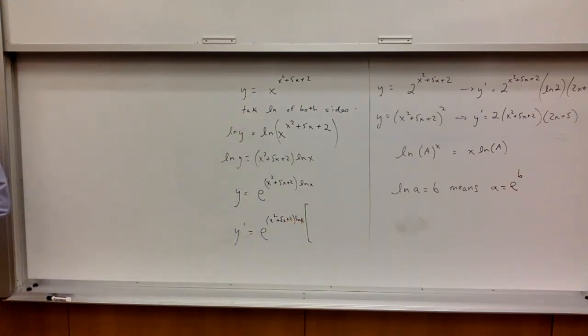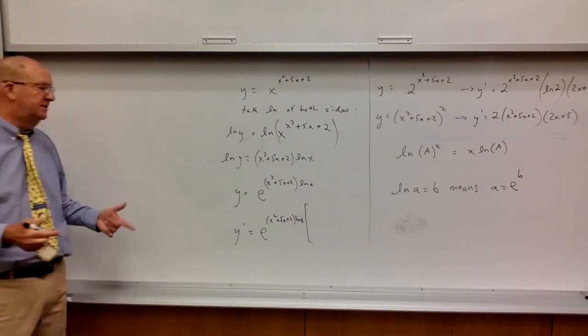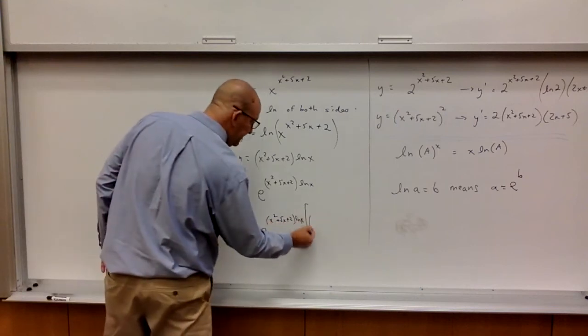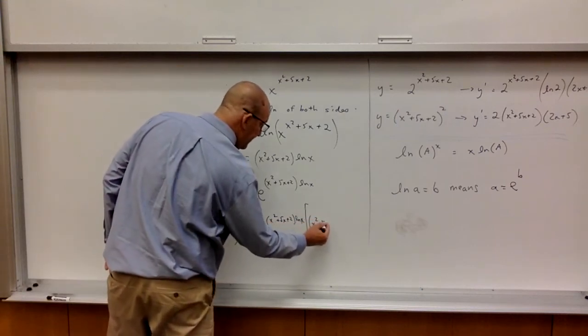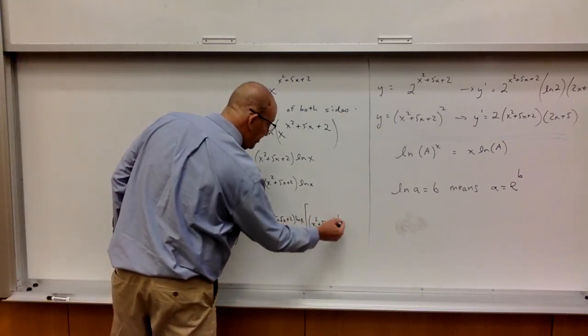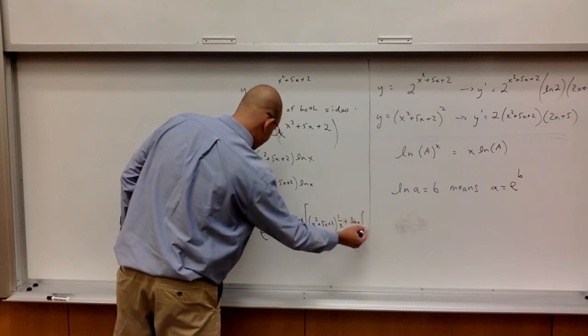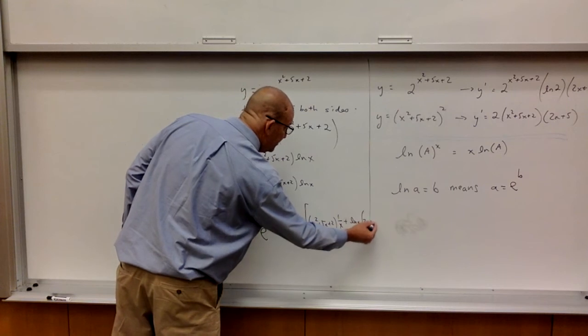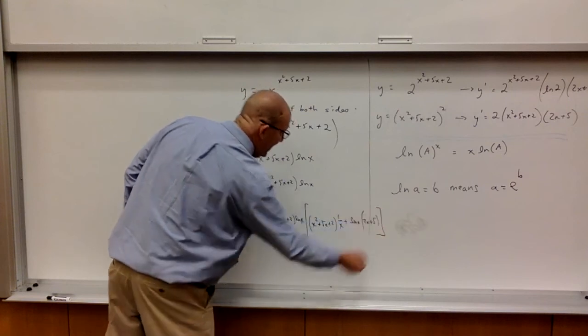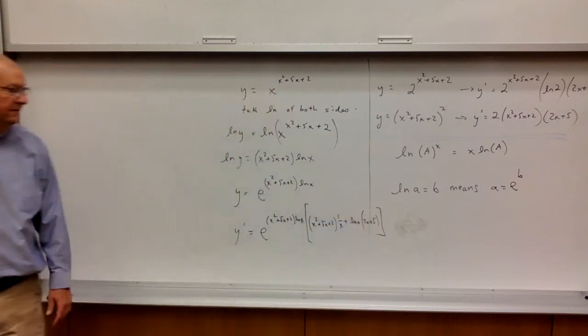Product rule, right? First times the derivative of the second plus the second times the derivative of the first. And that's your answer.